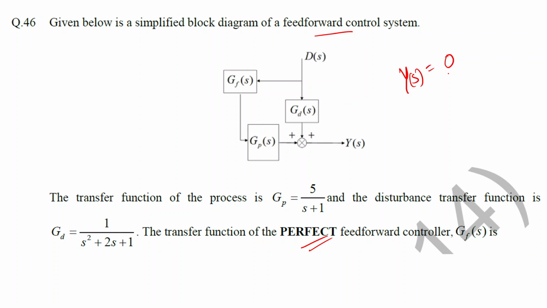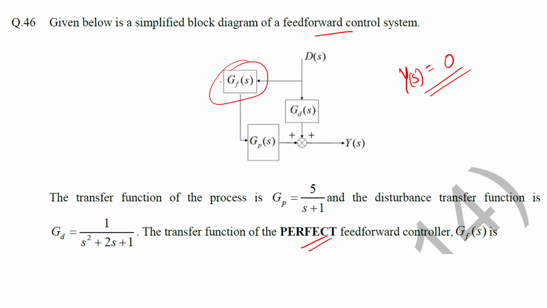Whatever the set point trajectory we have been providing, that should be achieved by the system. That is when we can say that the feed forward control is acting perfectly. So no matter if we are providing disturbance also, the set point should be achieved. Then only we can say that we are controlling perfectly.